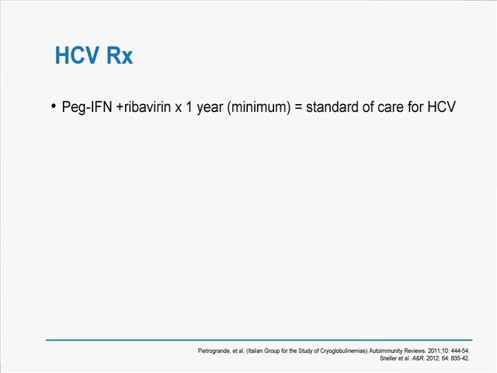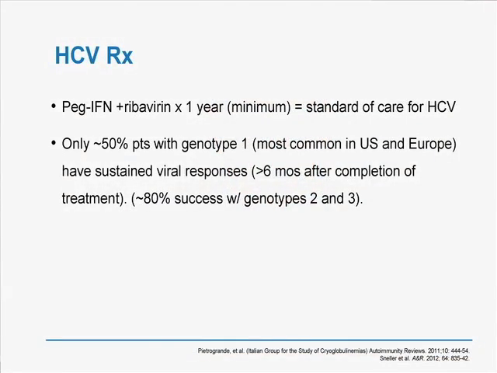That is the current standard of care and the standard to which other newer therapies are now being compared. 50% of patients have genotype 1 within the United States, and others have genotype 2 and 3. Genotype 1 is more resistant to this therapeutic protocol than is 2 and 3.